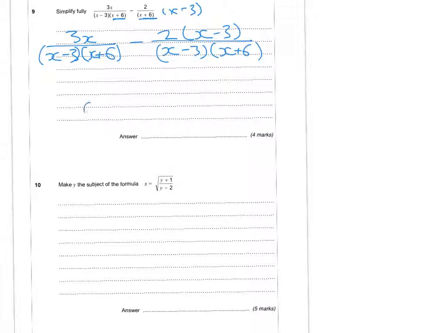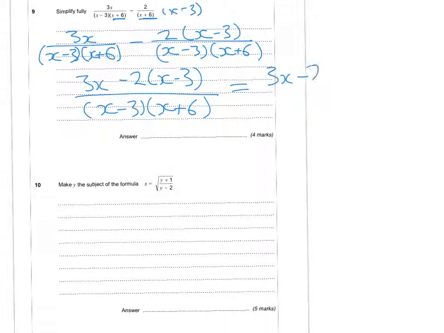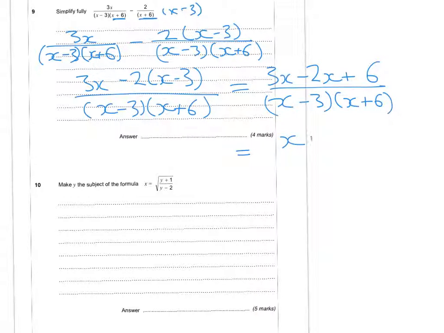Got the common denominator, so x minus 3, x plus 6, 3x minus 2 times x minus 3. Expanding and simplifying that, I get 3x minus 2x plus 6 over x minus 3, x plus 6, which is equal to x plus 6 over x minus 3, x plus 6.